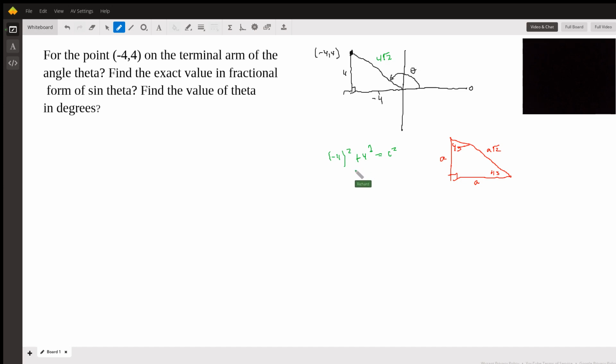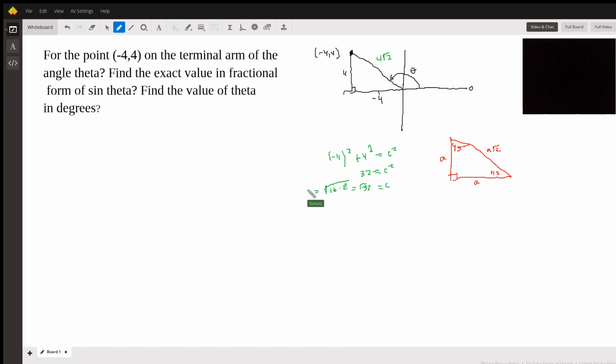So that's 16 plus 16 is 32. So c is going to be the square root of 32, which is the square root of 16 times 2.